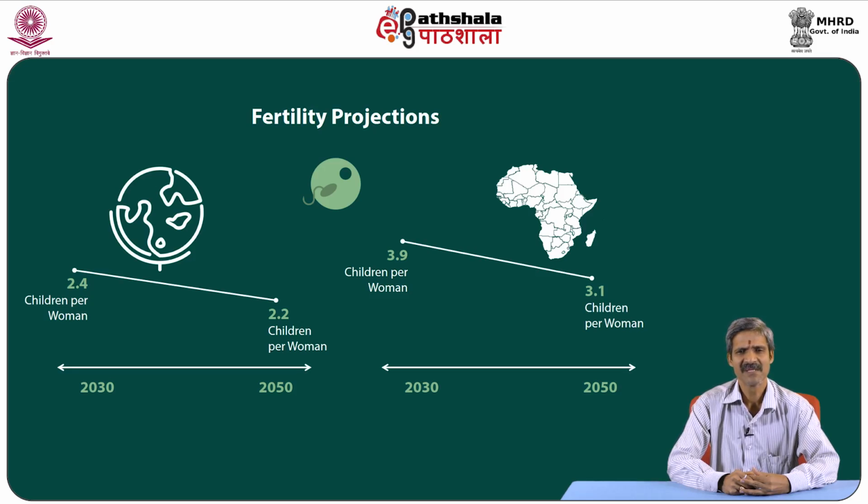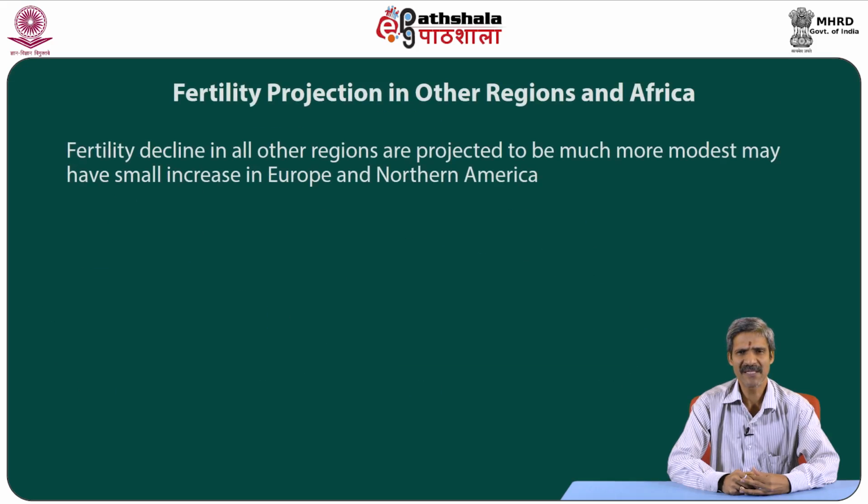In Africa, fertility is projected to decline to 3.9 children per woman by 2030 and 3.1 children per woman by 2050. The fertility projections in other regions indicate fertility decline to be more modest and may also have some small increase in Europe and Northern America.